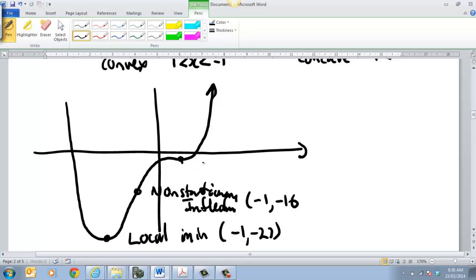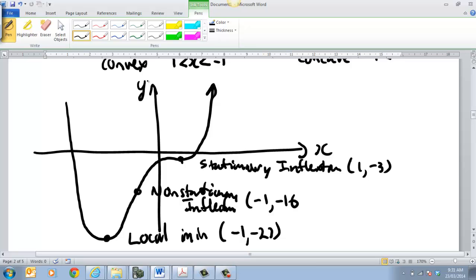This here is a stationary inflection at 1, negative 3. Okay, this is my x-axis. This is my y-axis on f of x. And you could probably even put an idea of the window there. That's say 10, that's say 5. And obviously you've got your scale there anyway. So that's the key thing I have to do when I'm looking at my graphs.